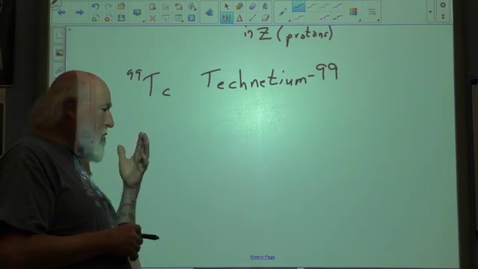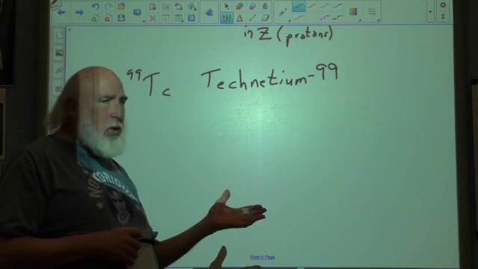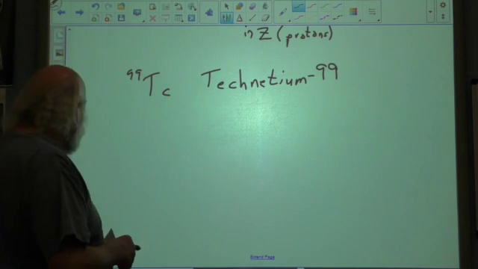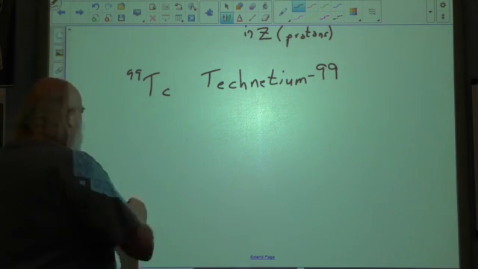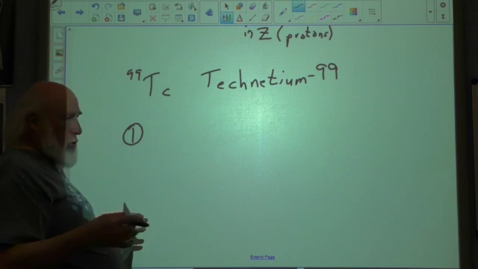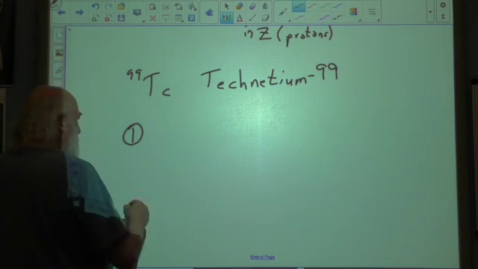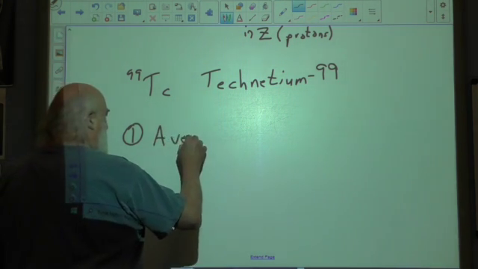Now, there are three systems that we can use. When it comes to the band of stability, the first system that we're going to use in this particular case deals with what we call the average atomic mass.